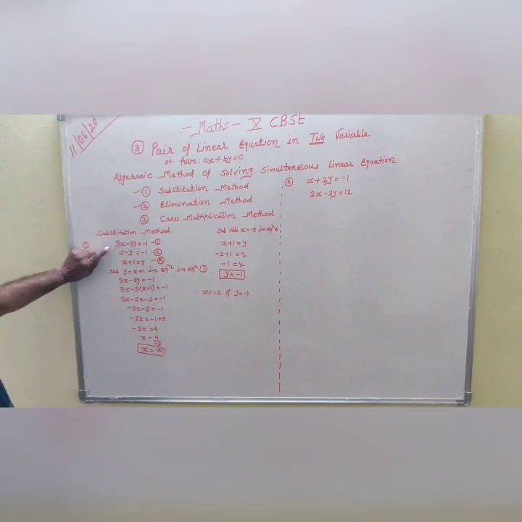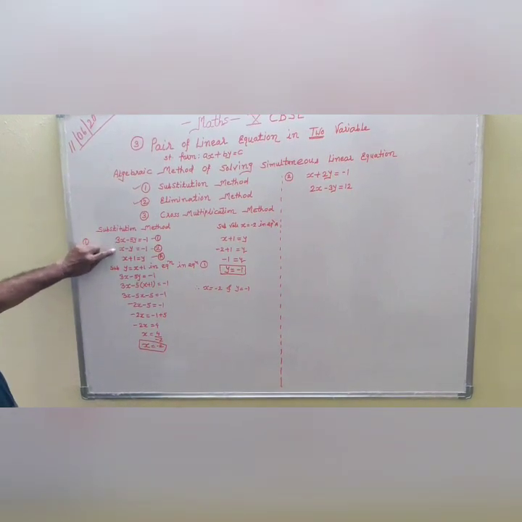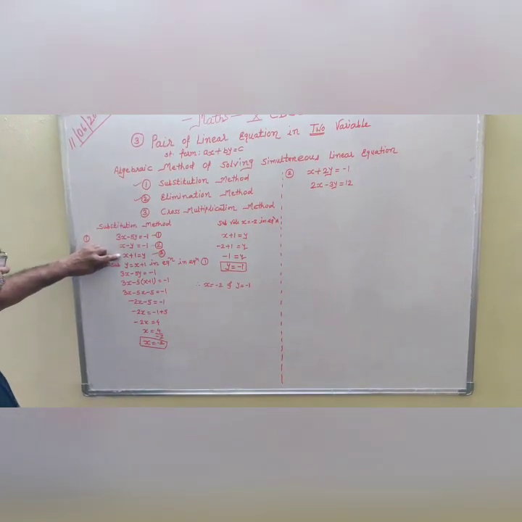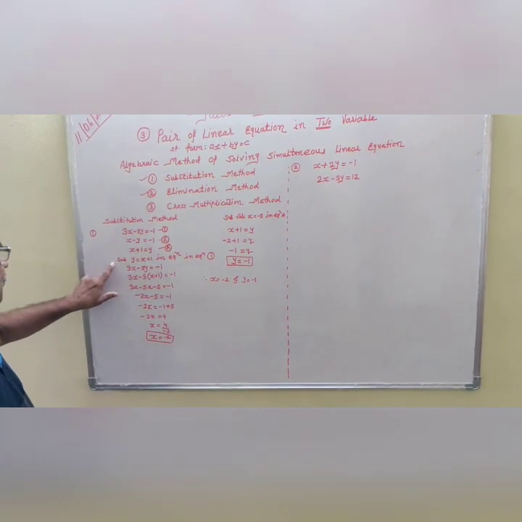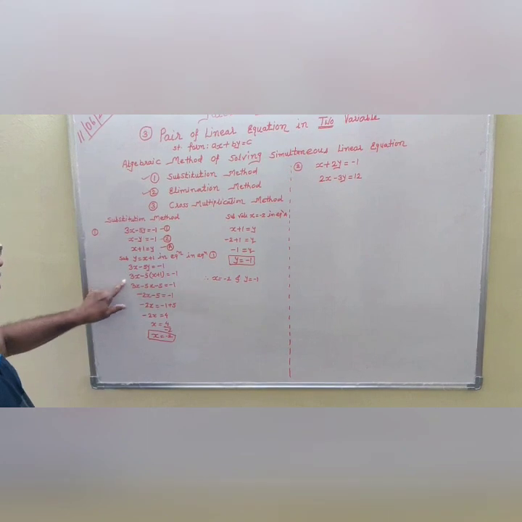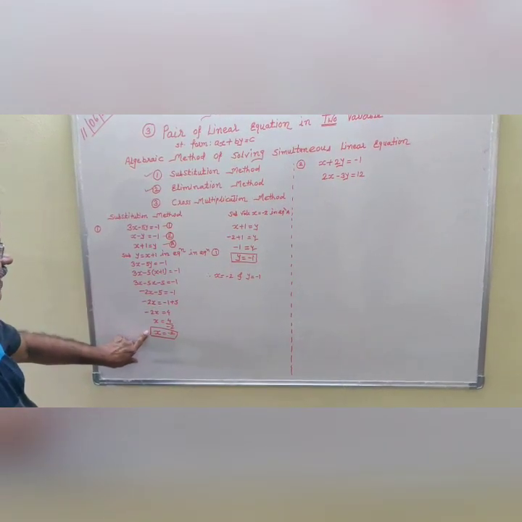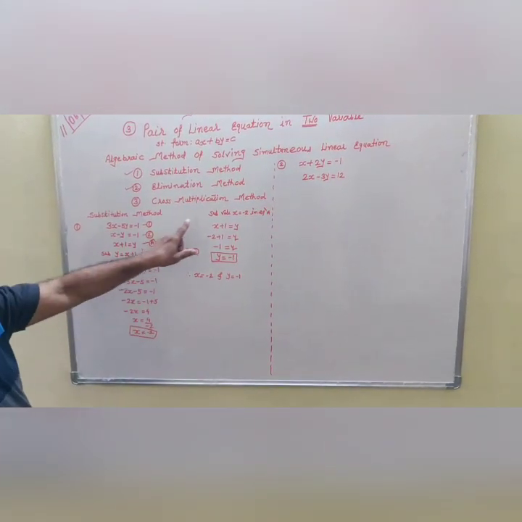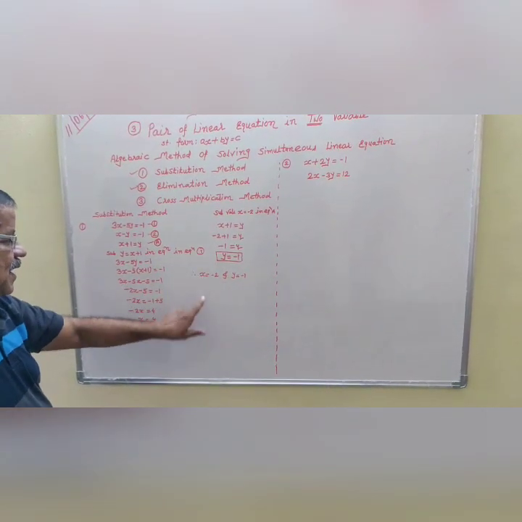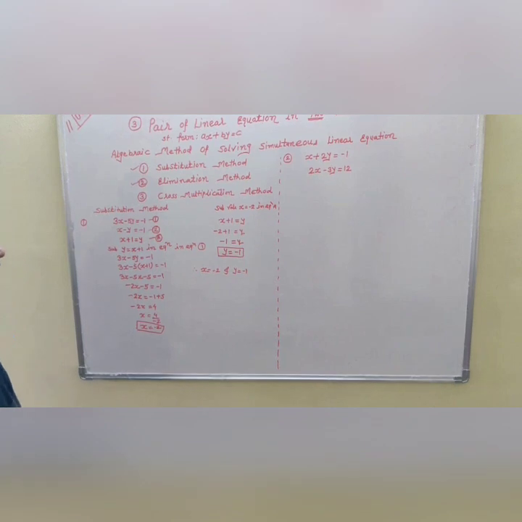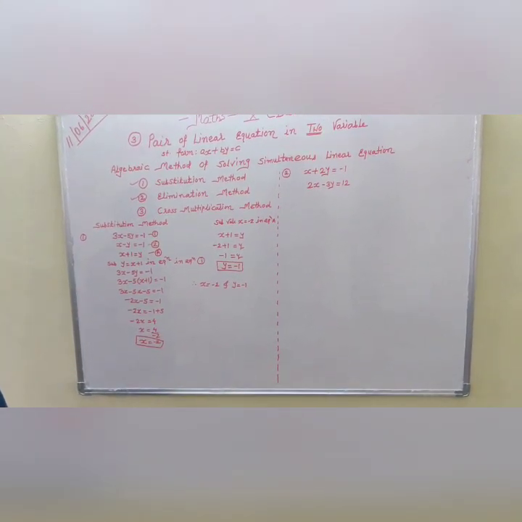Two equations are given, I select the simple one to eliminate the variable, then substitute the value in the given equation so that I get the value of one variable. Then again I substitute this value in the simple equation so that I get the value of y. x is equal to minus 2 and y is equal to minus 1 is my correct answer.